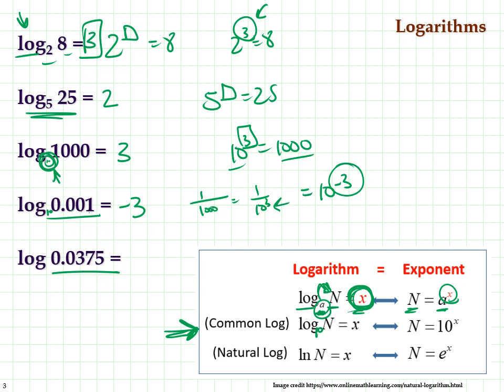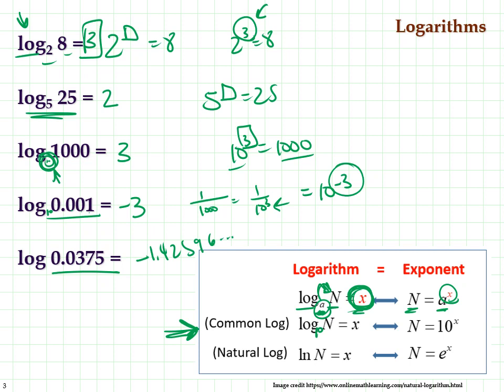This one, I cannot do in my head. I'm sure there are some people who can, but I'm not one of those people. But we can pull out our handy-dandy calculators and plug in log of 0.0375. It looks like it's equal to negative 1.42596, so many digits.